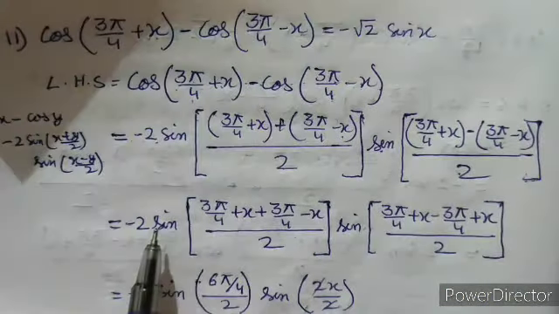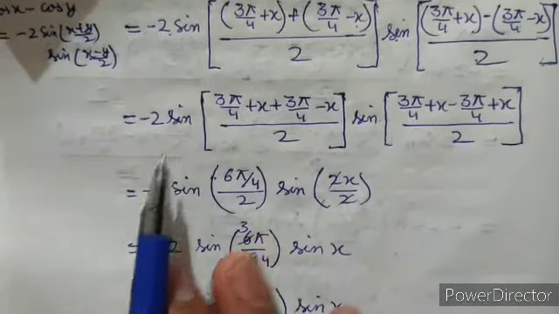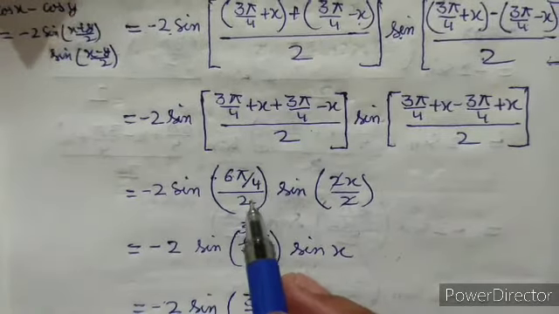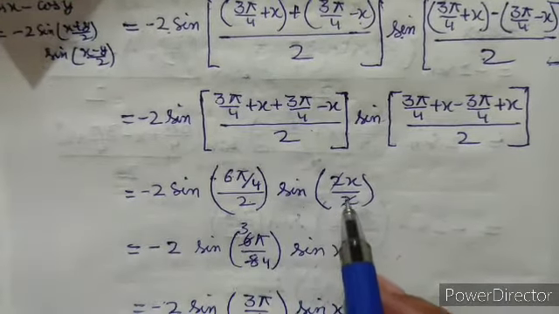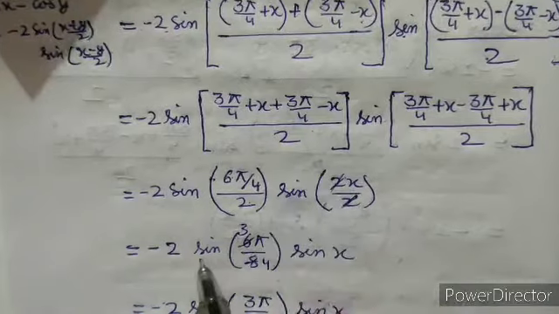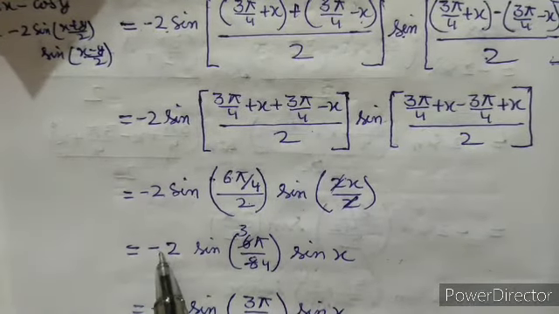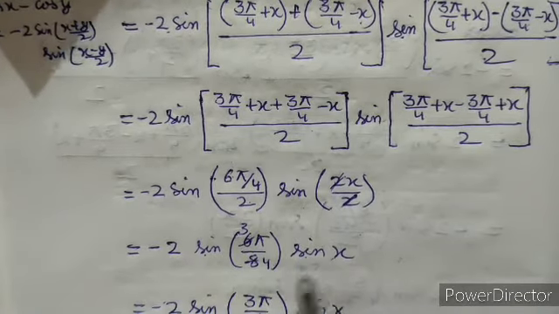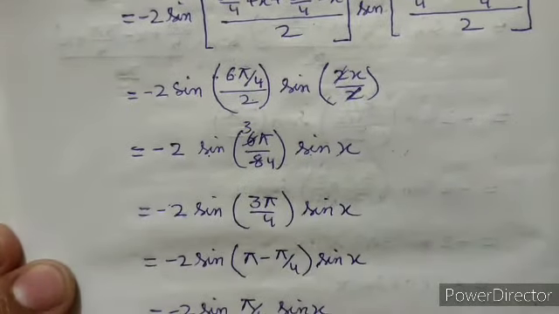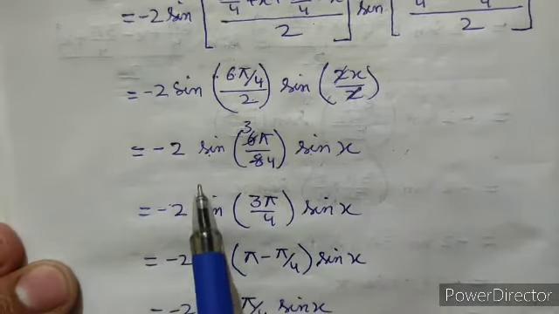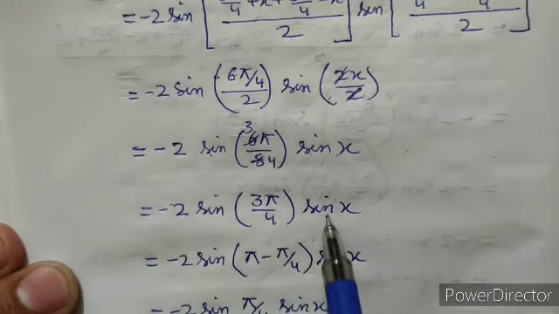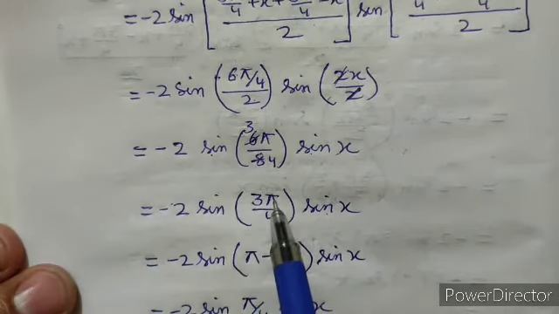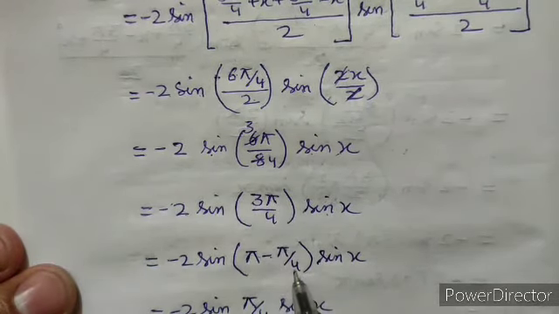Now, which on solving will give us minus 2 sin(6 pi by 4 by 2) into sin(2x by 2). Now here 2 will cancel out, and this will be equal to minus 2 sin(6 pi by 8) into sin x, which will be equal to minus 2 sin(3 pi by 4) into sin x. Now sin(3 pi by 4) can be written as sin(pi minus pi by 4).